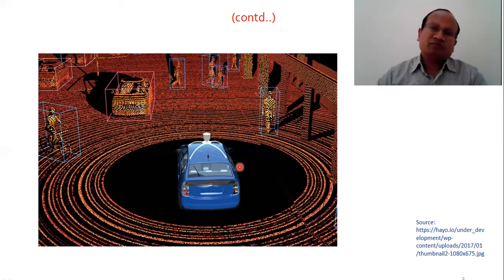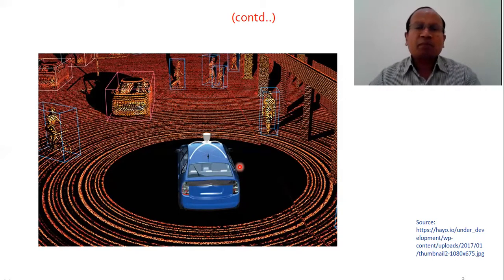How does it do this? The capability of the human visual system, the capability of a manually driven car, everything is embedded in this driverless car because of two things. Number one, sensor technology. There are hundreds of sensors installed in the car, in all directions, on all sides of the car.